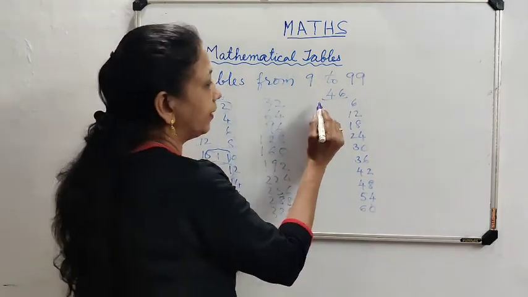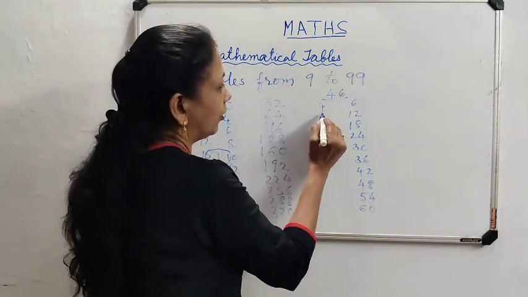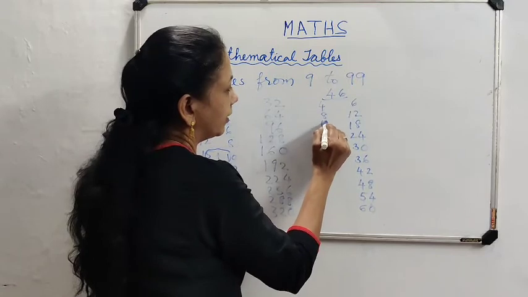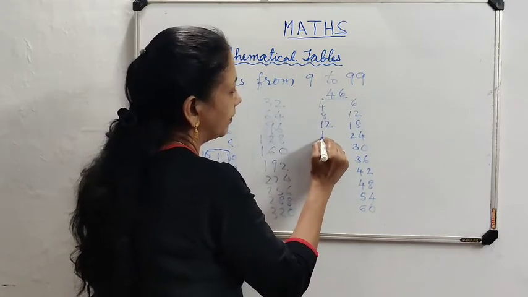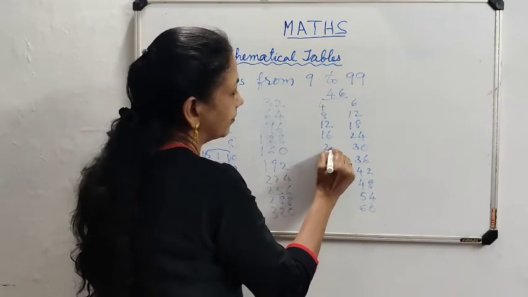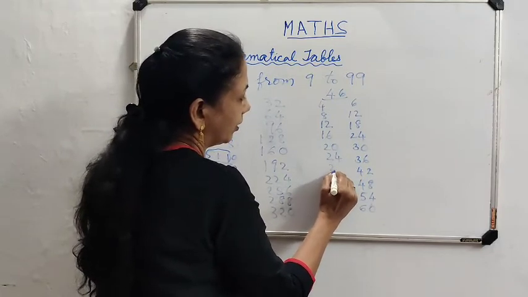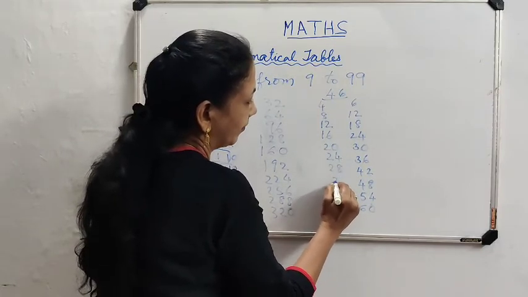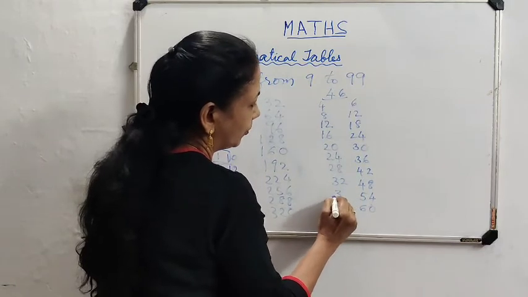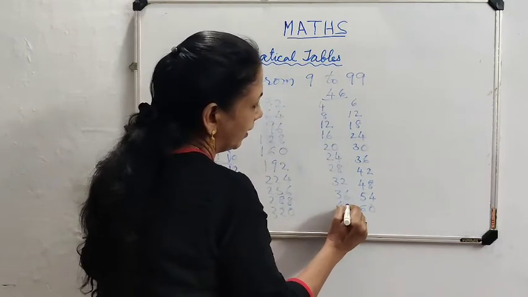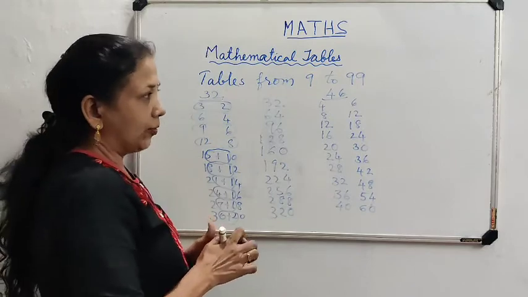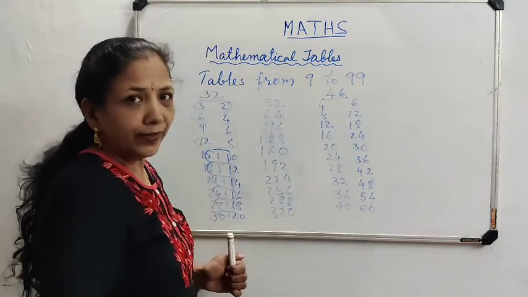Now the 4 table: 4, 8, 12, 16, 20, 24, 28, 32, 36, 40. Now the tens place we got, the ones place we got.